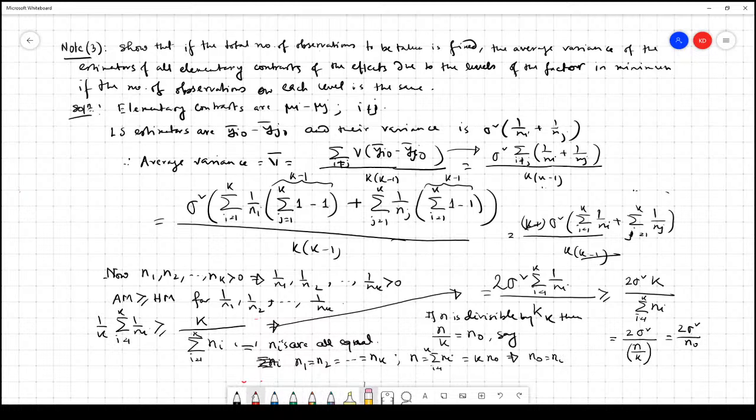So this is equal to n by k for all i from 1 to k. So equality holds when ni is equal to n naught.